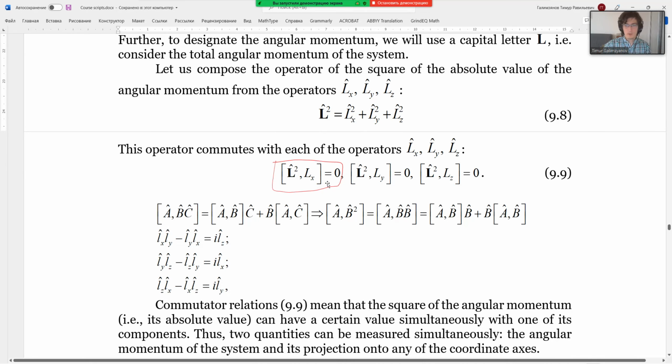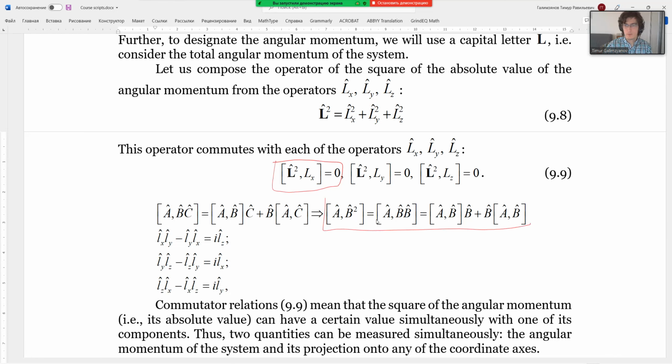So let's calculate this commutator. First of all, I have written the simplified version of this equation. If C equals B, we can write down the following relationship.